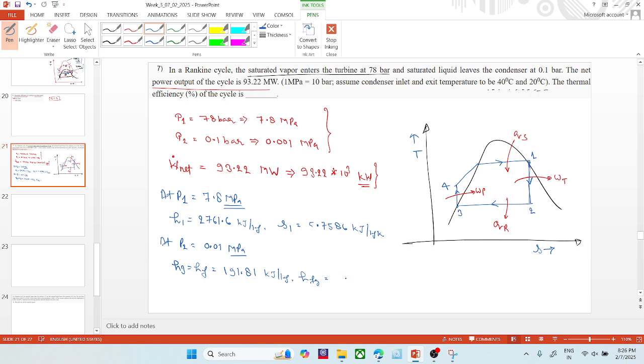HFG is provided as 2392.1 kilojoule per kg.